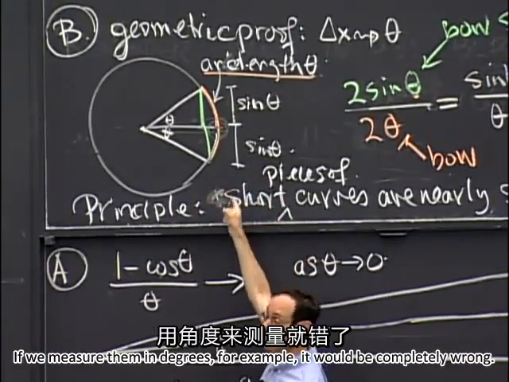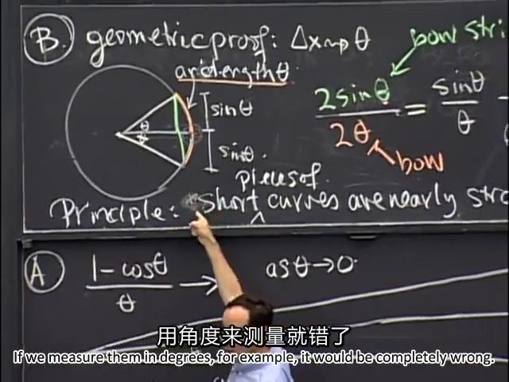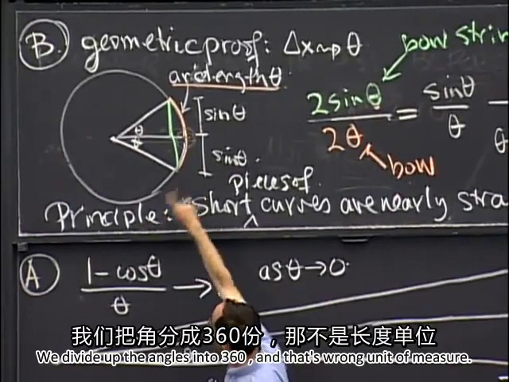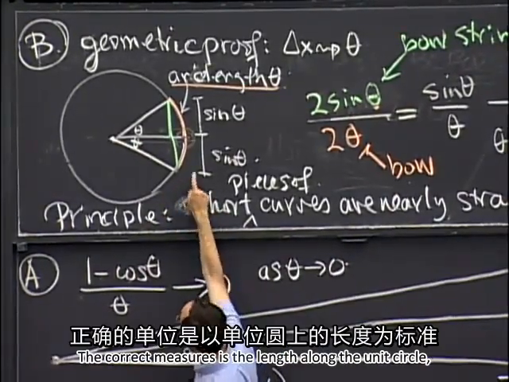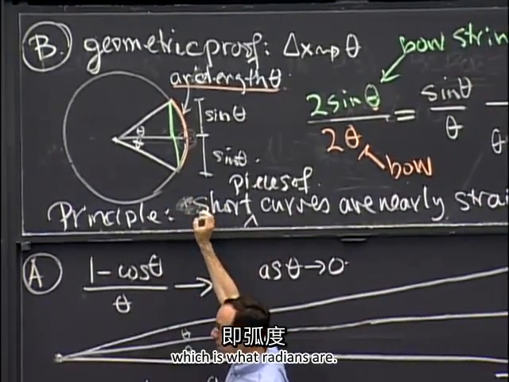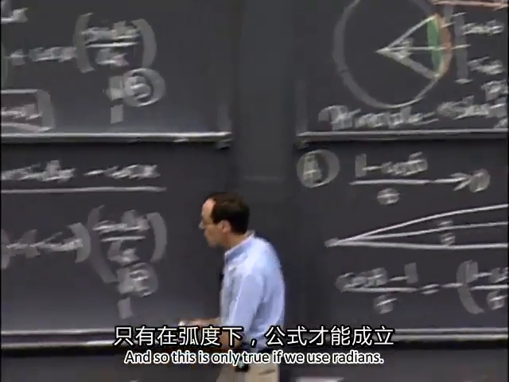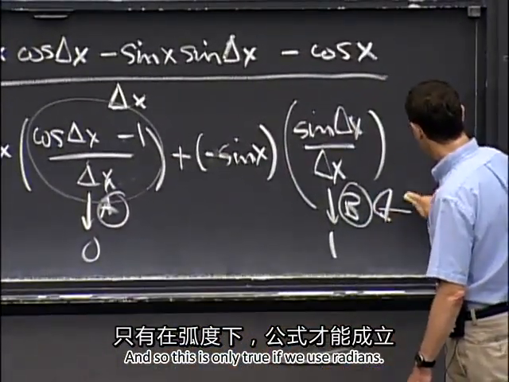If we measured them in degrees, for example, it would be completely wrong. We divide up the angles into 360 degrees, and that's the wrong unit of measure. The correct measure is the length along the unit circle, which is what radians are. And so this is only true here if we use radians.